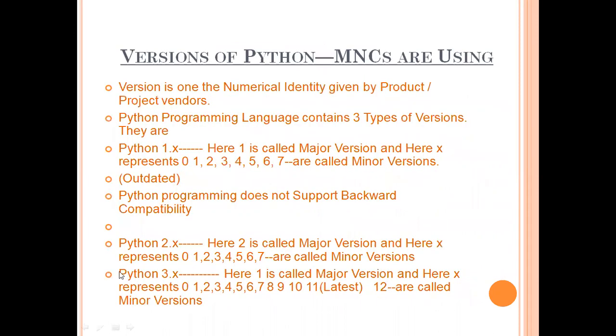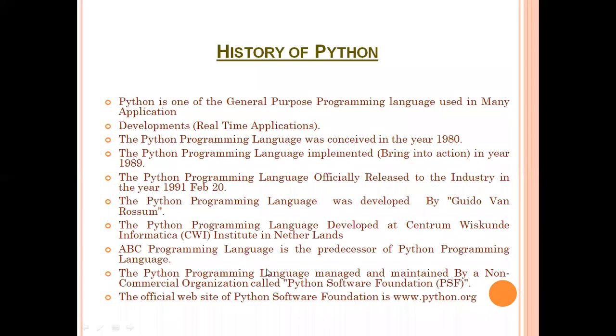Now, the Python programming language was developed at Centrum Wiskunde & Informatica, that is the CWI Institute in the Netherlands. The ABC programming language is the predecessor of Python.